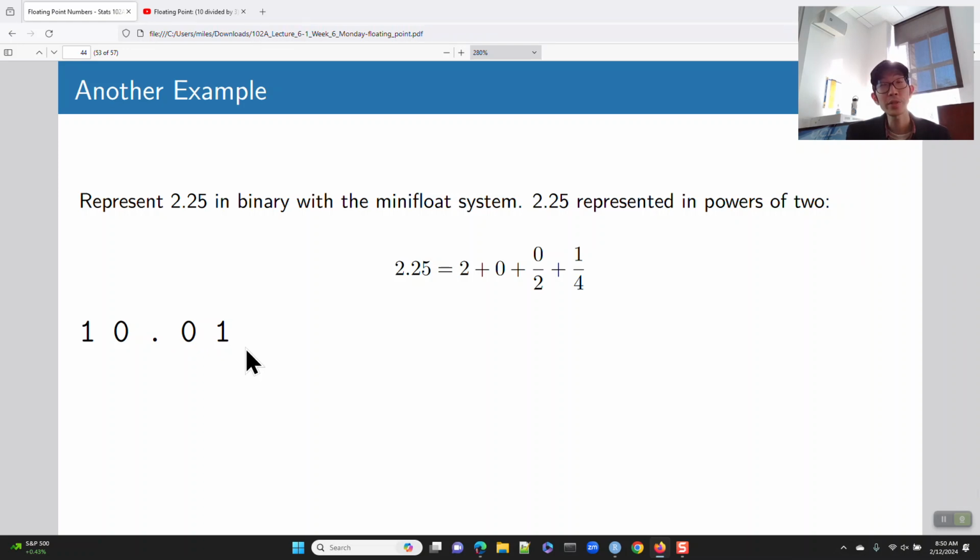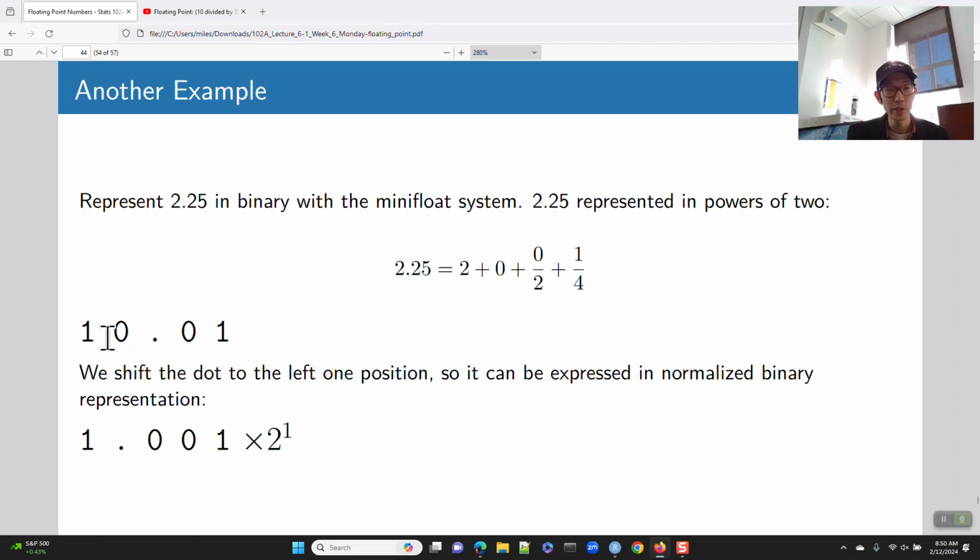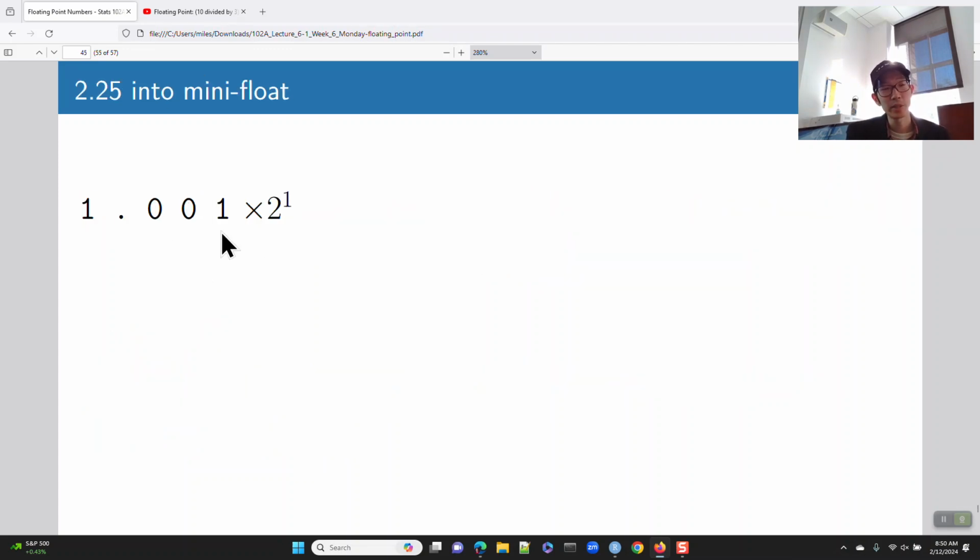How do we turn this into normalized binary scientific notation? We shift this over so the leading digit is a 1, and we get 1.001 times 2 to the 1, since we rolled it over 1 spot.